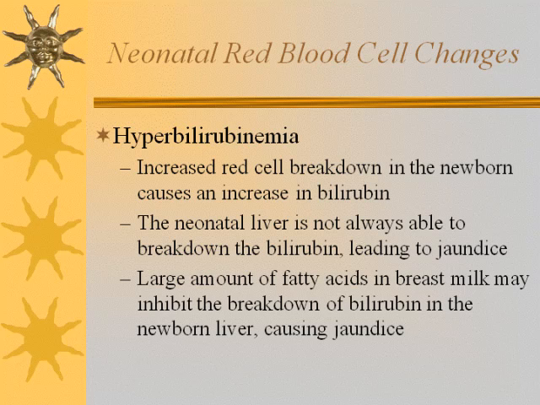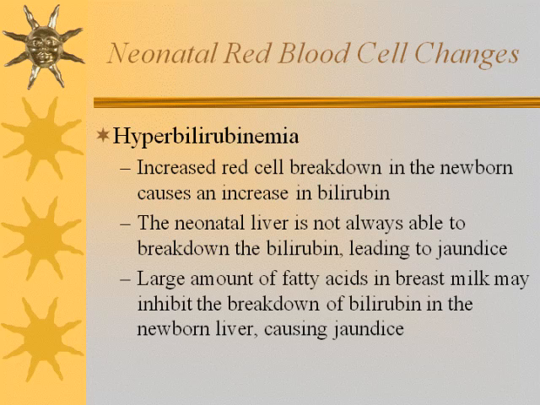A couple of things on the neonate, the newborn. Hyperbilirubinemia is when the newborn breaks down lots of red blood cells. Their liver can't keep up with the breakdown. They increase in bilirubin, and it causes them to be jaundiced. A lot of times, there's a large amount of fatty acids in breast milk that can slow down the breakdown of bilirubin in the liver and cause them to be jaundiced.